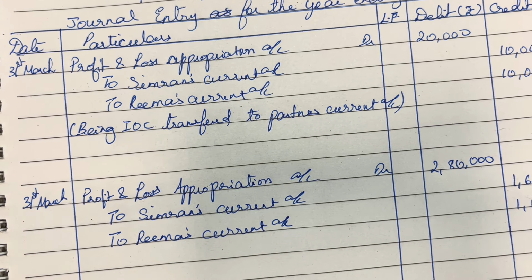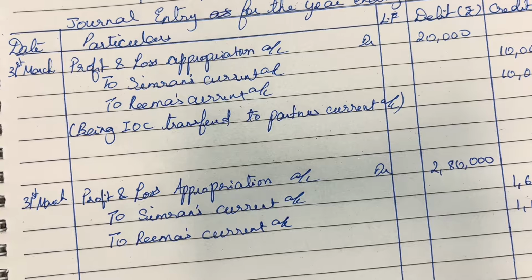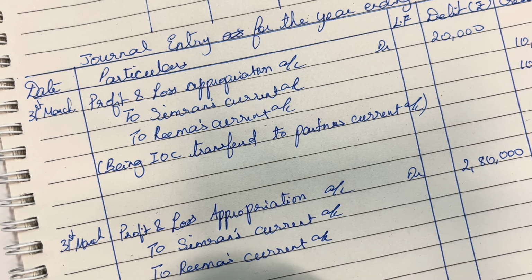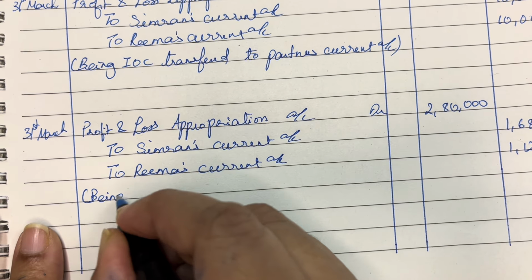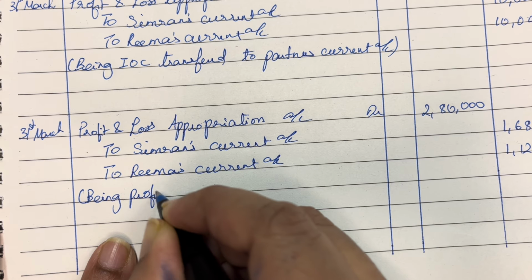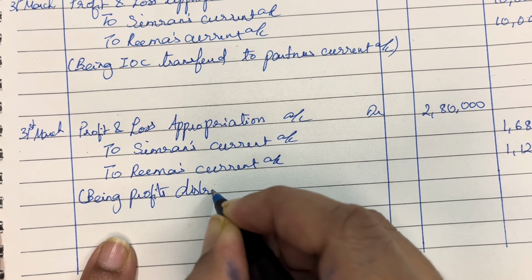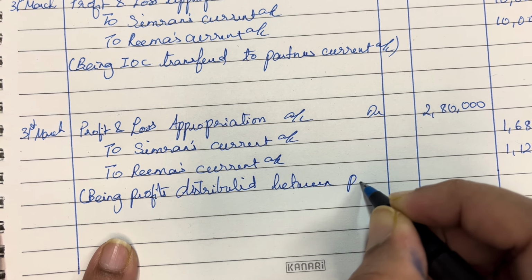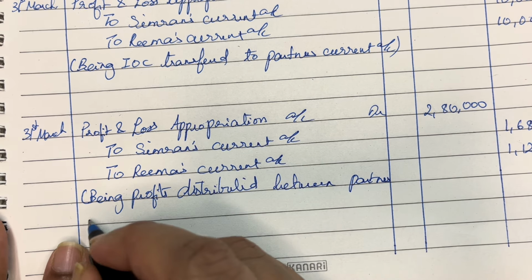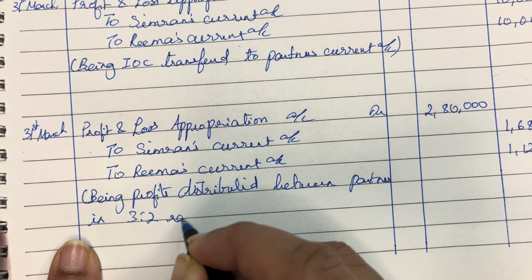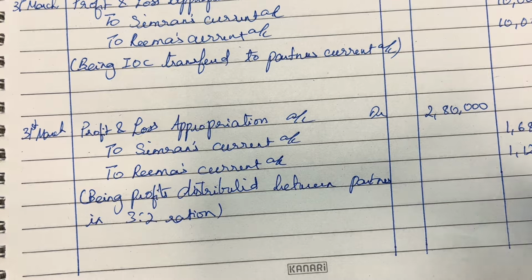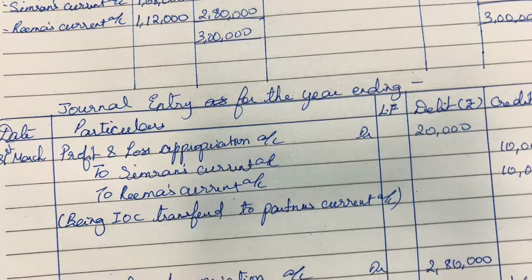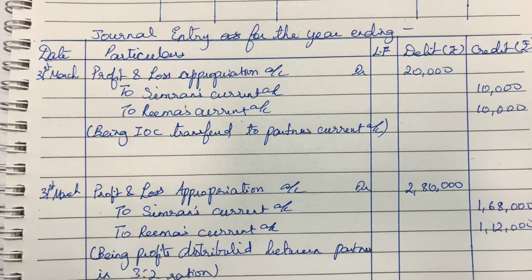Our narration would be: being profits distributed between partners in 3:2 ratio. Or you can write in profit sharing ratio, or we can stop even here: being profits distributed between partners. Okay, with this our journals also get completed.